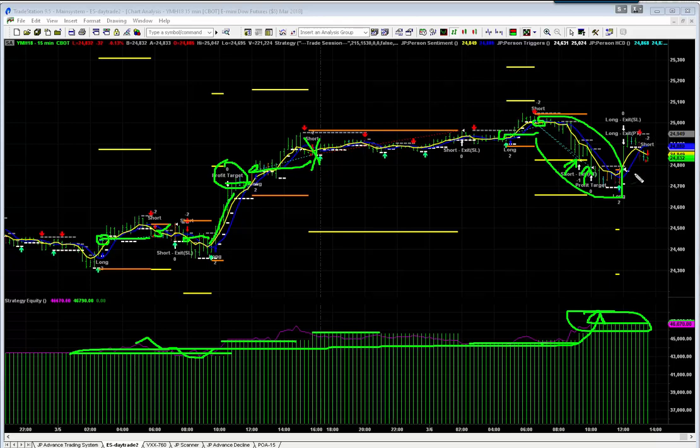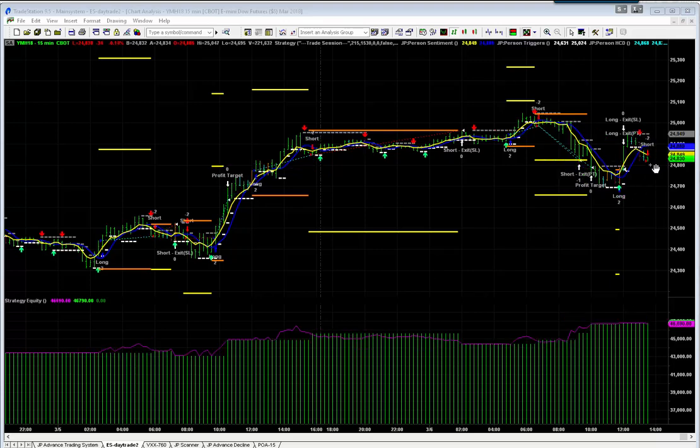So we are right now in a situation where we just entered a trade. It's short 2, and this thing could reverse. It might get out. By the time we get this video completed, it's hard to say.